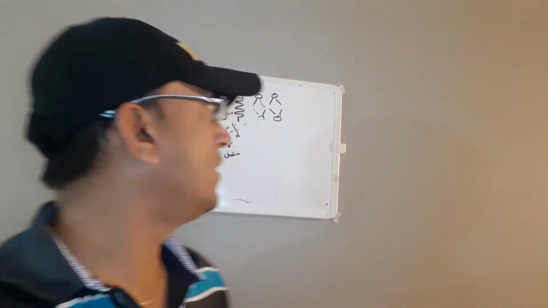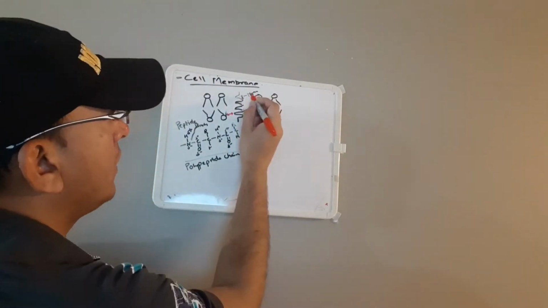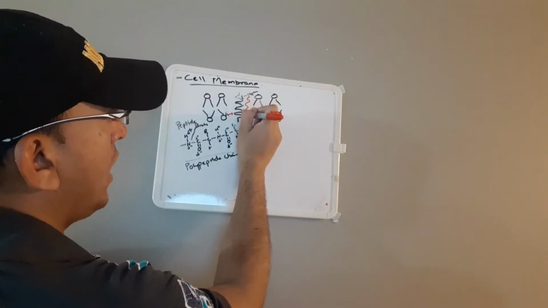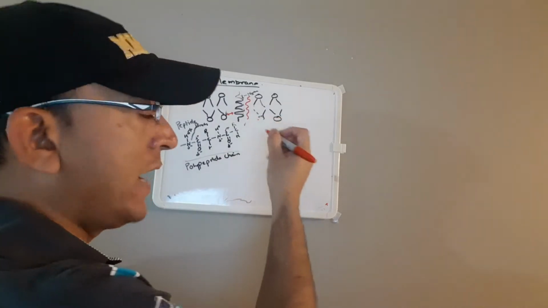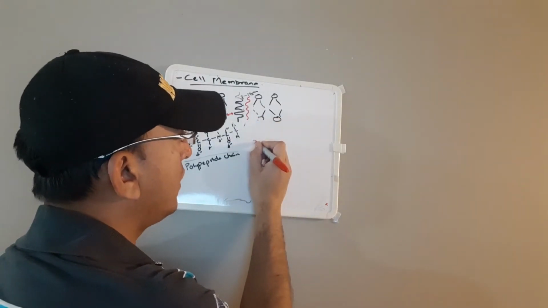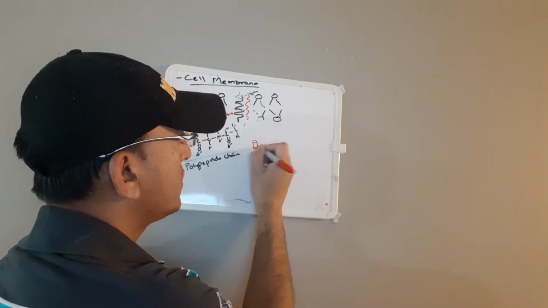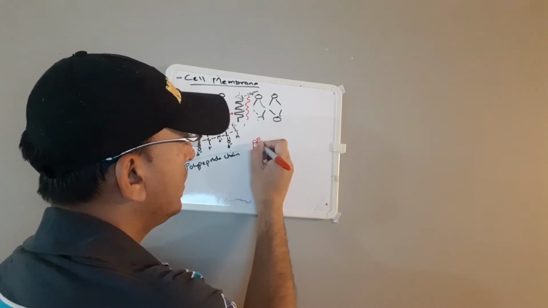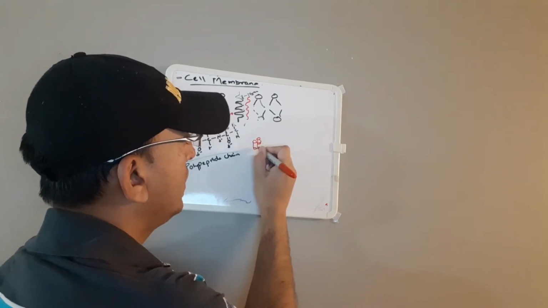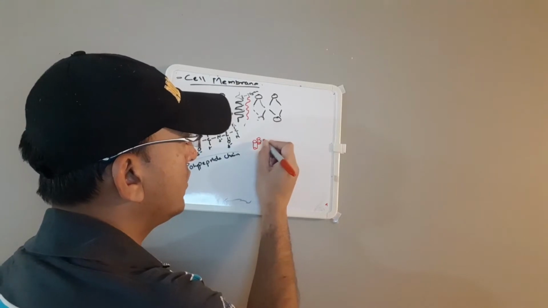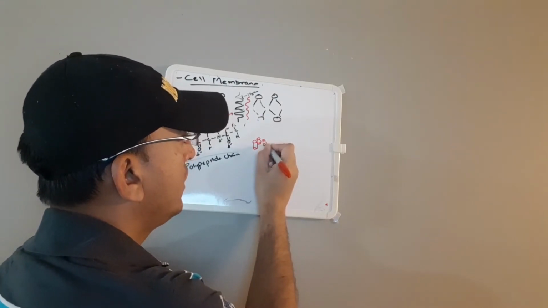So what will happen in the multiple pass? There will be multiple helices passing down on this side, and it will form a cylindrical structure. I cannot draw 3D, but it would be something like this on three sides.